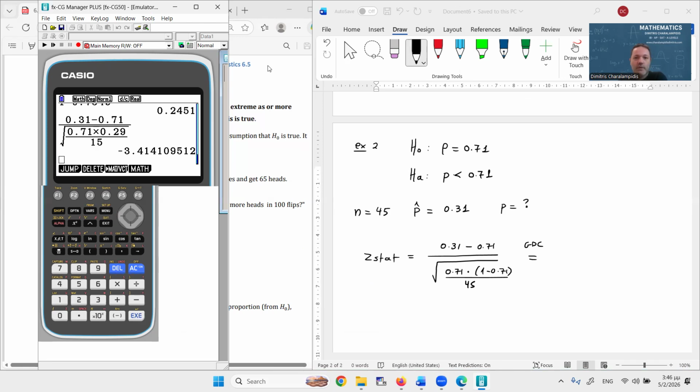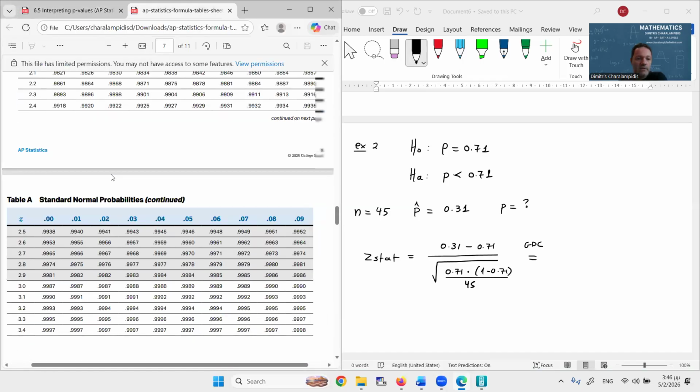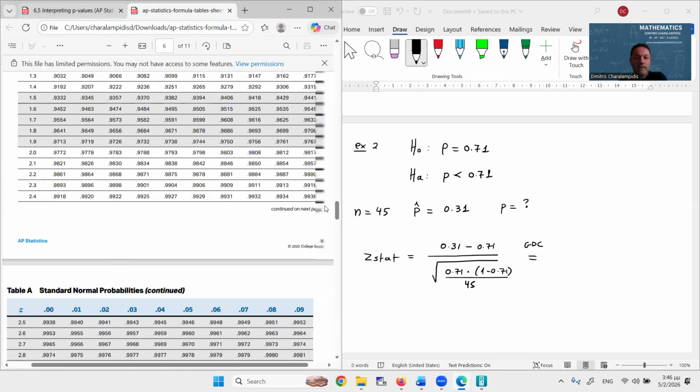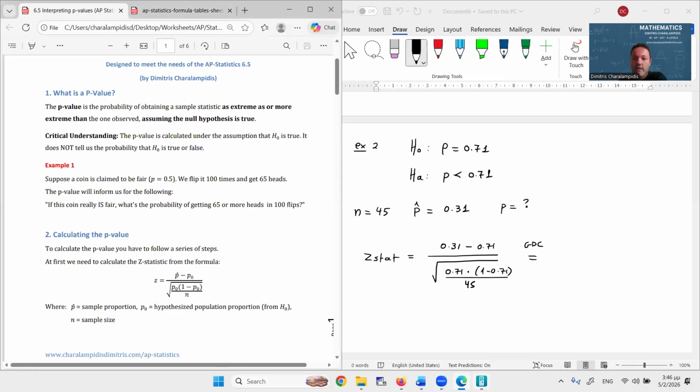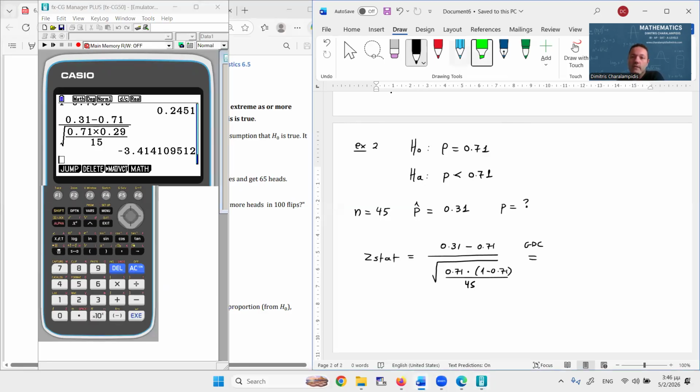So it would be 3.4. We have such value. Okay, let's assume that I did not use 45 in my sample, but I used instead 15. The only reason I did that was because I want to get a p-value that is on the given table of z-scores so that I show you how this thing works.